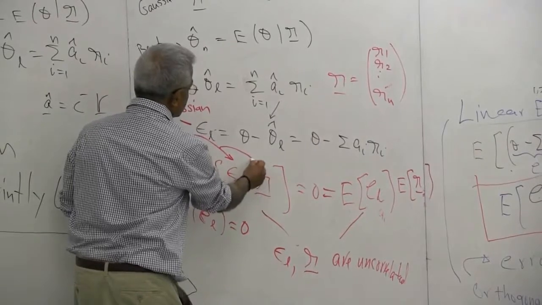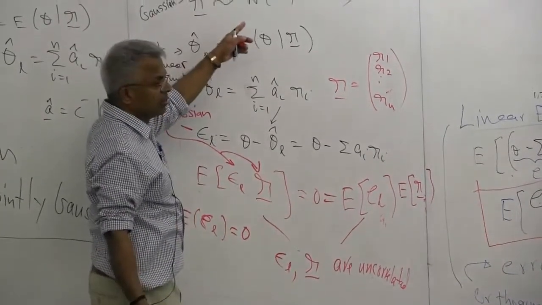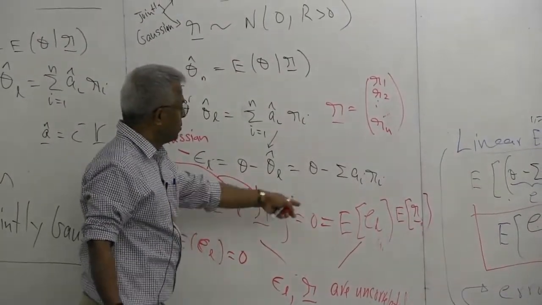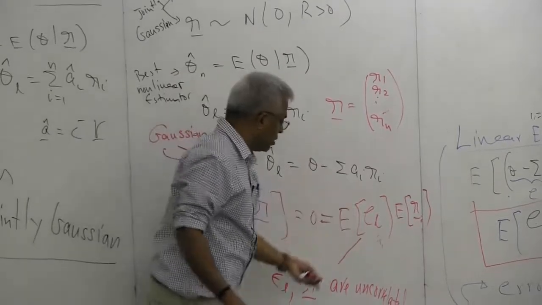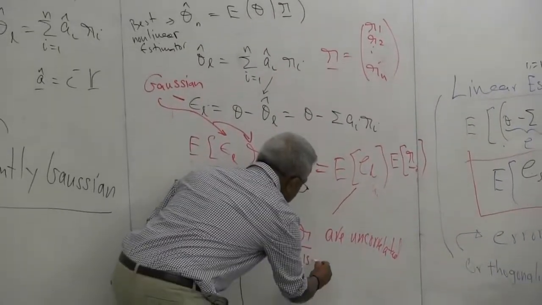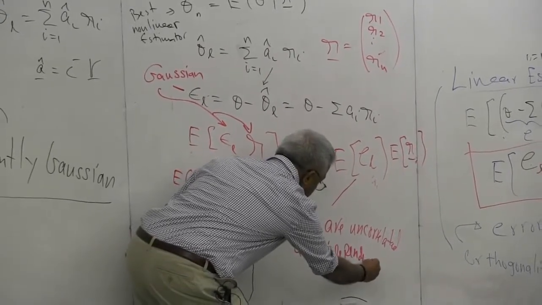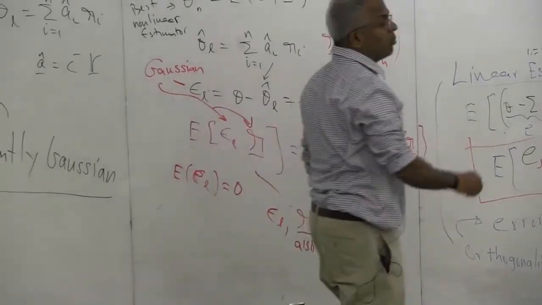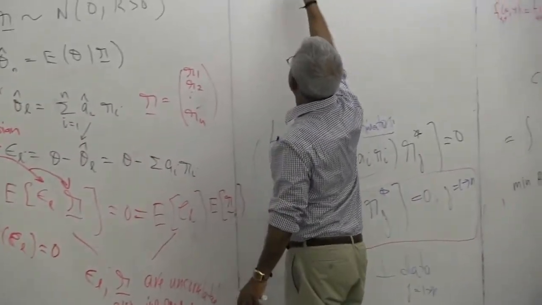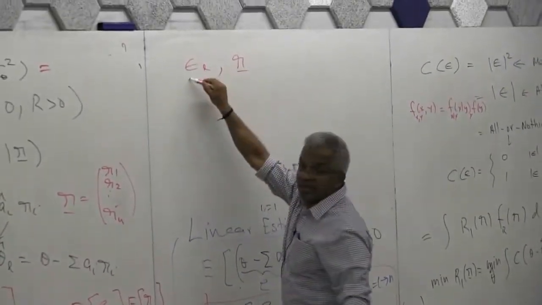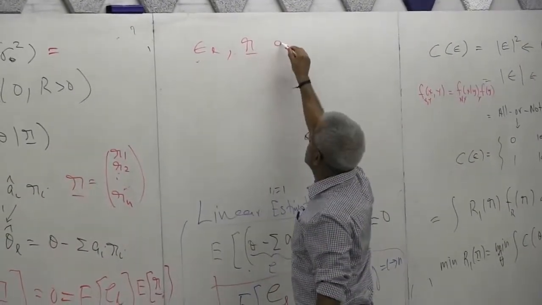This is Gaussian, this is Gaussian, this is given to be Gaussian. So two Gaussian random variables which are uncorrelated are also independent. So what are the random variables that are independent? The error is independent of the data.